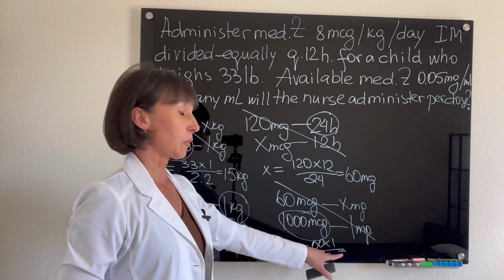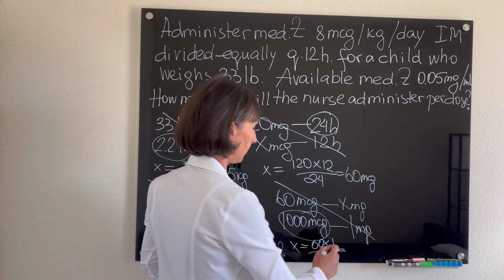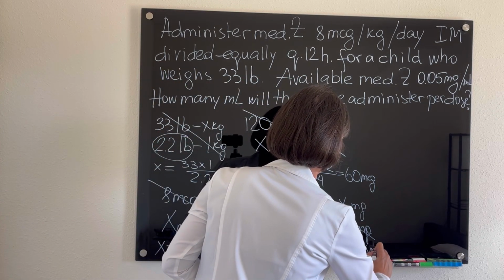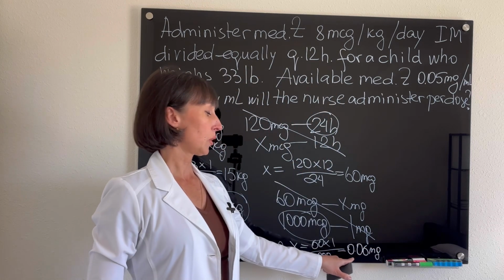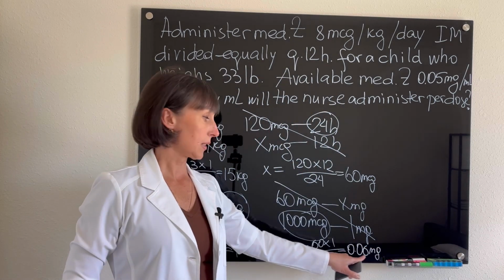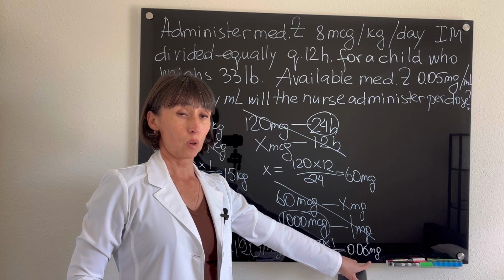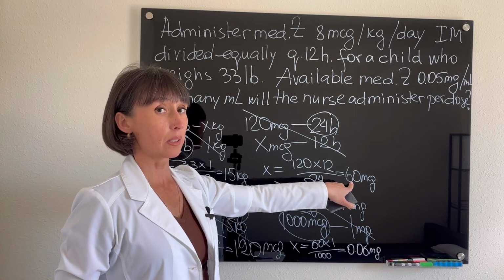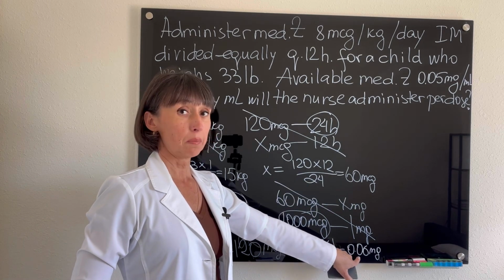And I get 60 times 1 divided by 1,000. And that equals 0.06 milligram. That is the dose in milligrams that I need to give, right? This is the dose in micrograms, and this is the dose in milligrams.